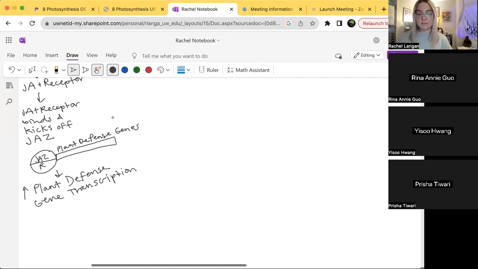And that's a lot of different responses in the plant that will cause it some kind of defense. But if you're like, can you make that more concrete? An example of what one of these plant defense genes would do is to make a protease inhibitor.